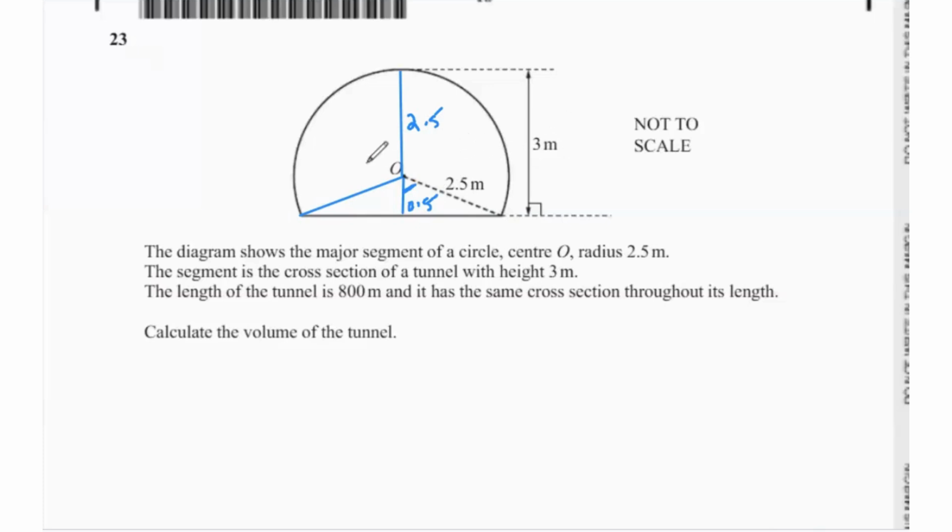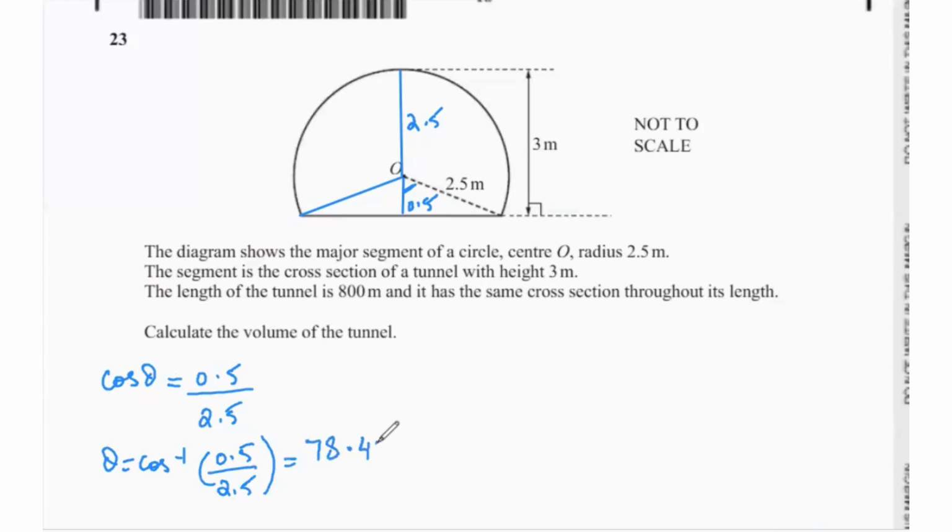We have the hypotenuse and the adjacent, so cos theta is 0.5 over 2.5. We find cos inverse of 0.5 over 2.5, which gives us 78.46. That is our angle over here.